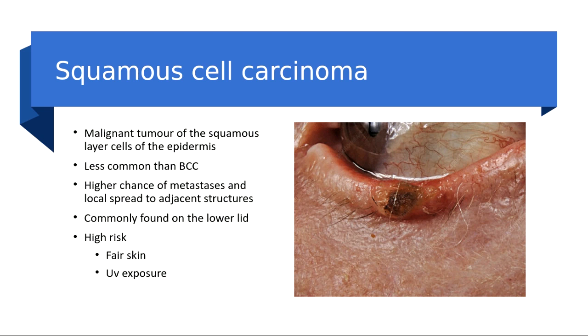So what I want you to understand here is that oftentimes when we see a lesion on the eyelid, we can't be 100% sure what it is unless we've been following it over a period of time. So don't let anybody intimidate you in your exams into thinking that you must know if it's a basal cell carcinoma or a squamous cell carcinoma.